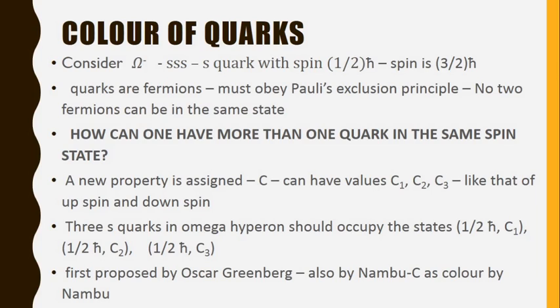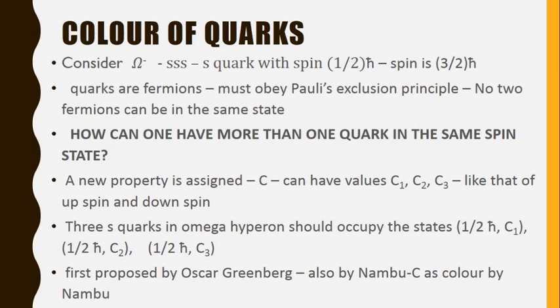The first s quark is in the state half h cut C1, the second s quark half h cut C2, and the third s quark half h cut C3. So even though the spins are the same, they have a different property, that is C1, C2, C3. So they can reside in the same state, since the property C is different for the three s quarks.